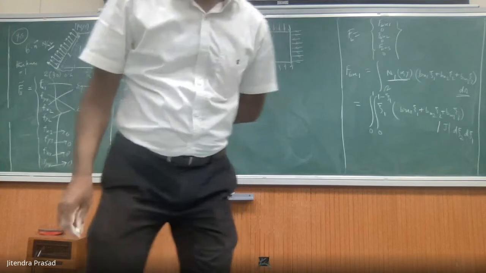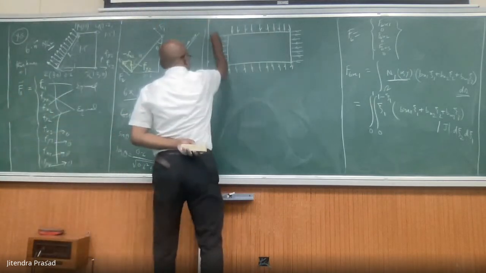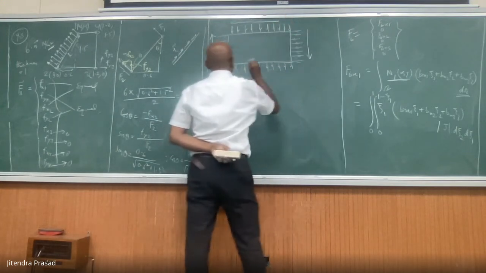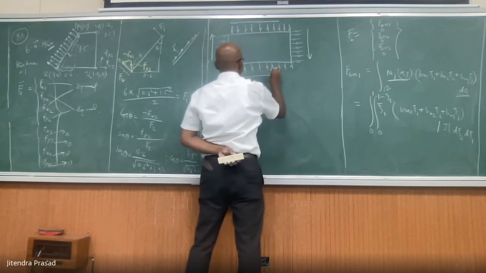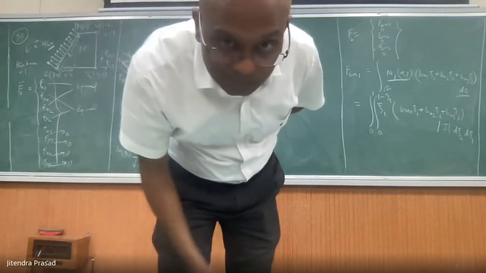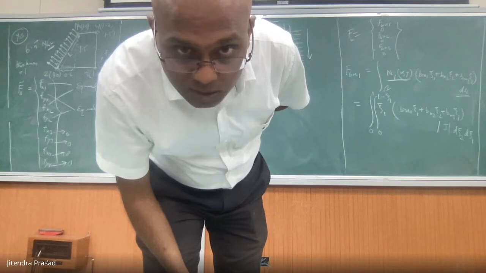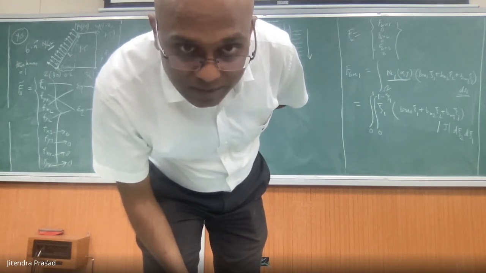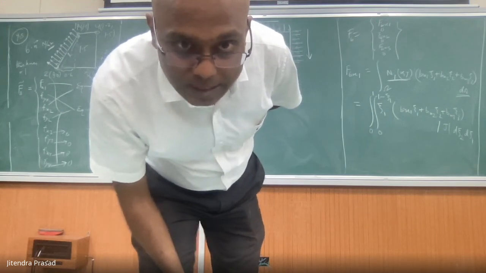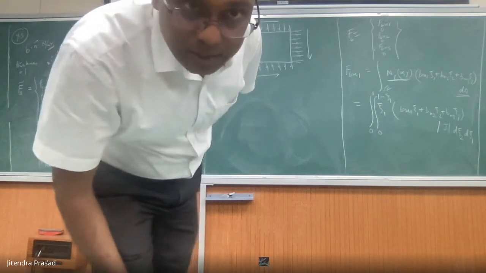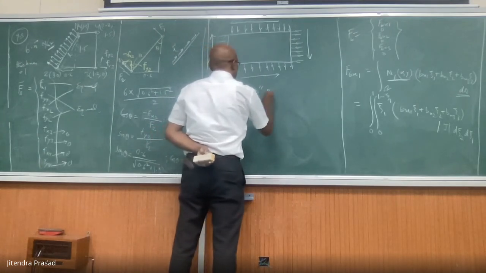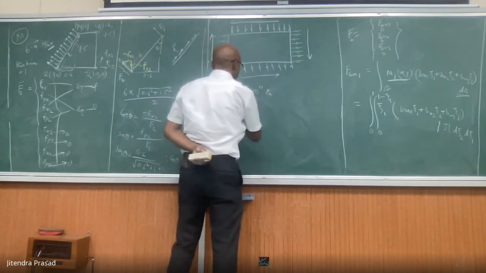One force here, one force here, one force here, one force. Everything is given in this case. What is given? You have the elastic properties. E is given, nu is given. E is equal to 3 times 10 to the power 11 Pascal. Nu is equal to 0.3.